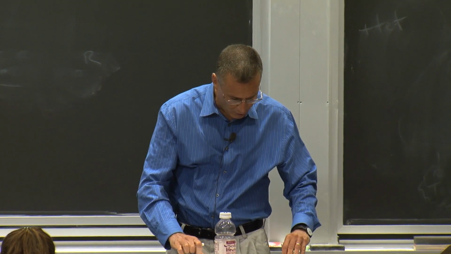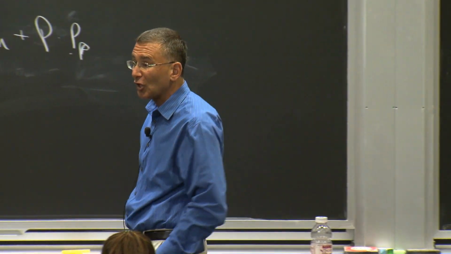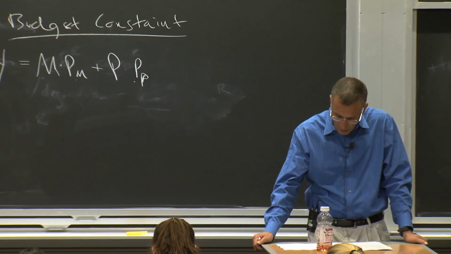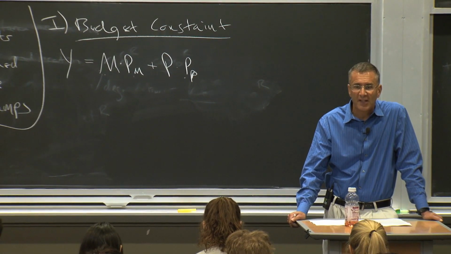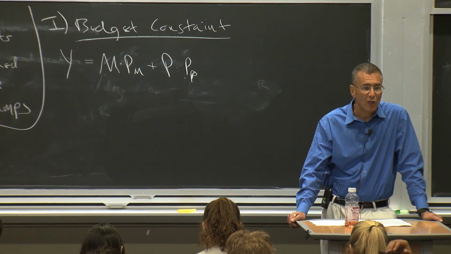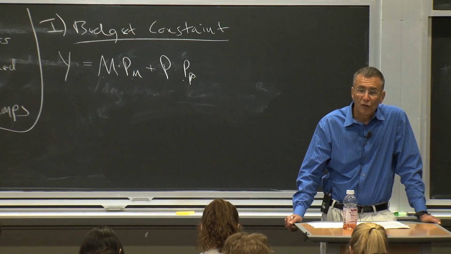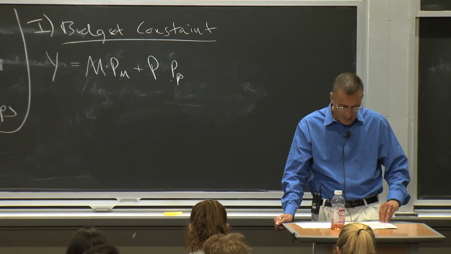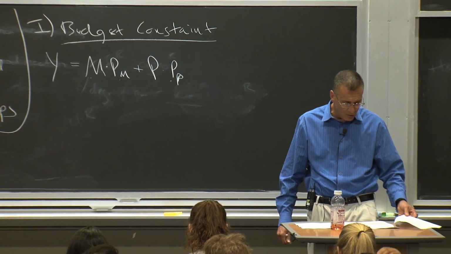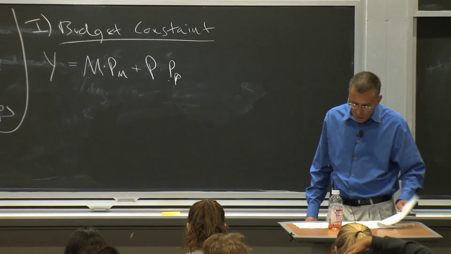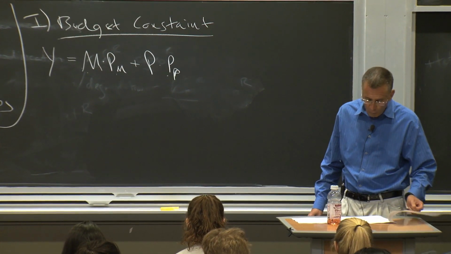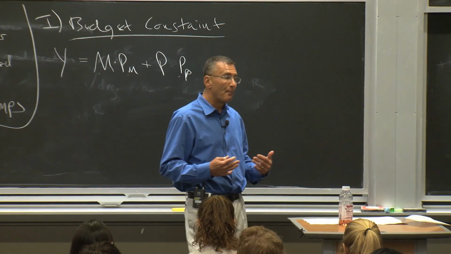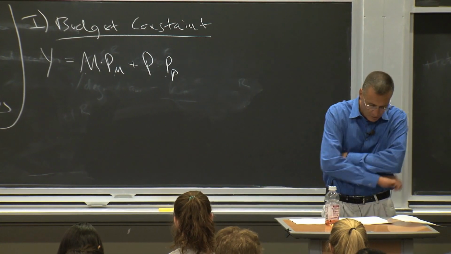And the key feature of this budget constraint is its slope, which is the negative of the ratio of the price of movies, the good on the x-axis, to the price of pizzas, the good on the y-axis. So the slope is the negative of that price ratio. We are going to call that the rate at which you can essentially trade off pizza for movies and vice versa.